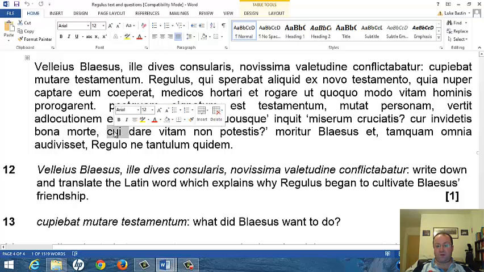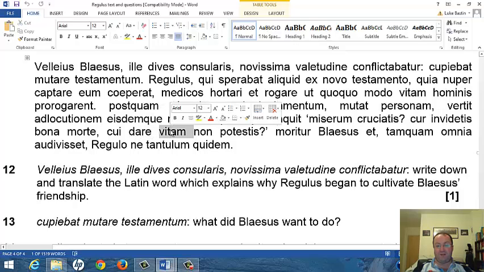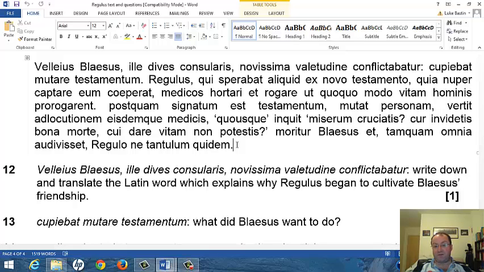To whom, that's the dative of qui, to whom non potestis, you are unable, dare, to give, vitam, life. Okay, so why are you begrudging a good death to a man whom you're not able to keep alive?